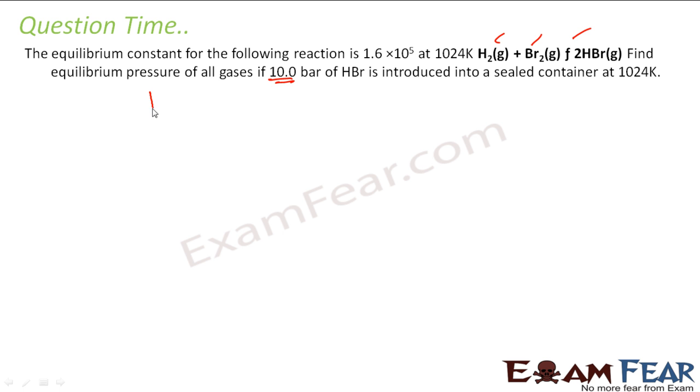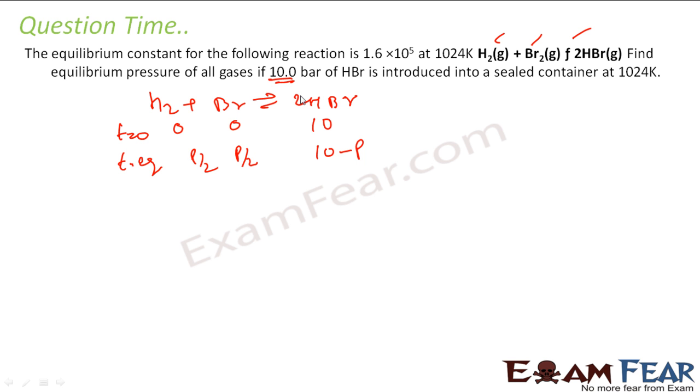So I have this reaction H2 plus Br2 gives 2 HBr. At t equal to 0, we have 10 bar here, and 0 and 0 bar here. At equilibrium, let's suppose HBr has reduced by P bar. So it will create P by 2 bar and P by 2 bar, because it is 2 here and 1 here.